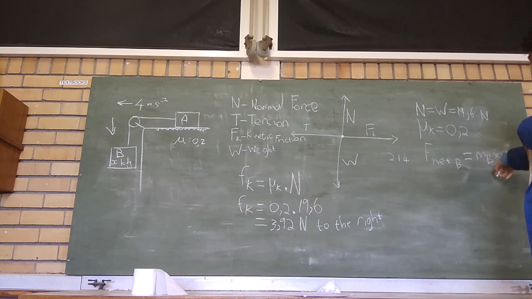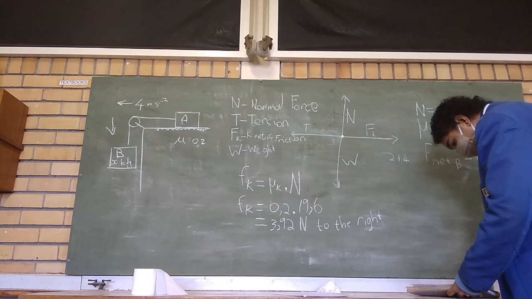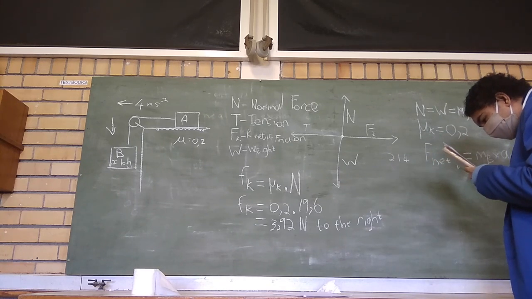Force net equals mass times acceleration. Force net is mass times acceleration, right?